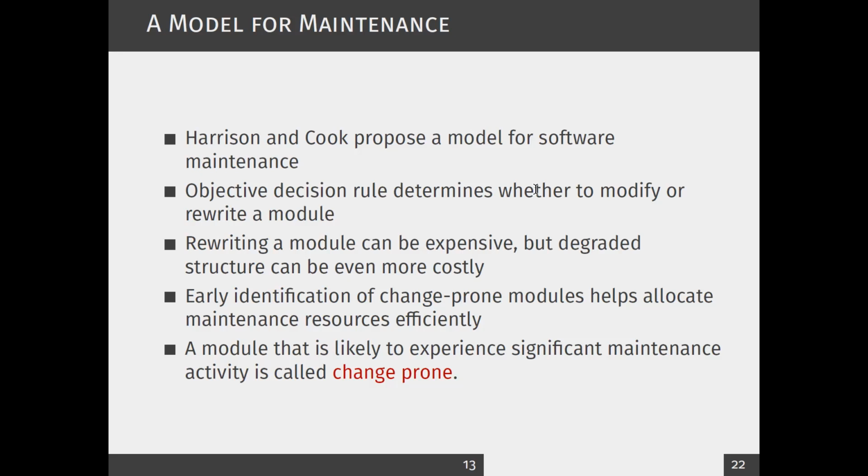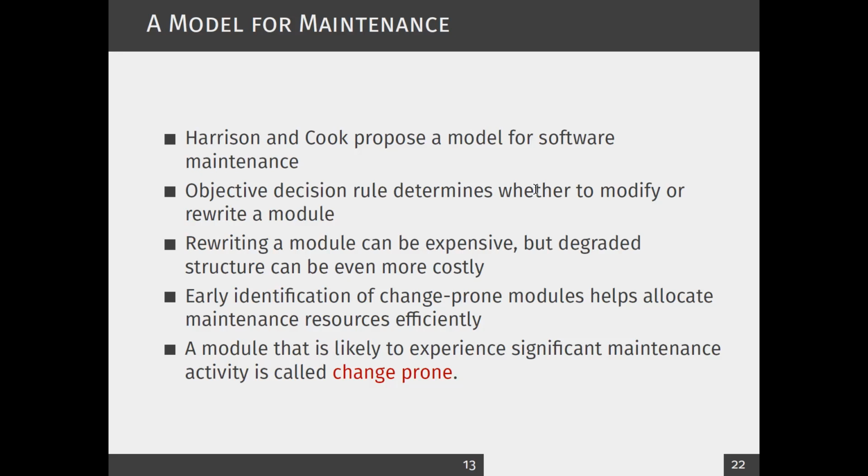Rewriting a module is expensive, but modifying an existing module with a degraded structure may cost even more, or take a significant amount of time. Therefore, if modifying a module is not feasible, or it consumes a lot of time, the recommendation is you should rewrite.